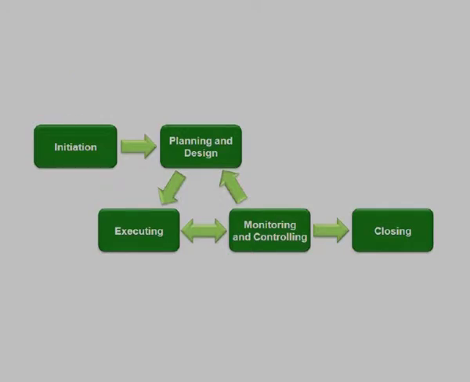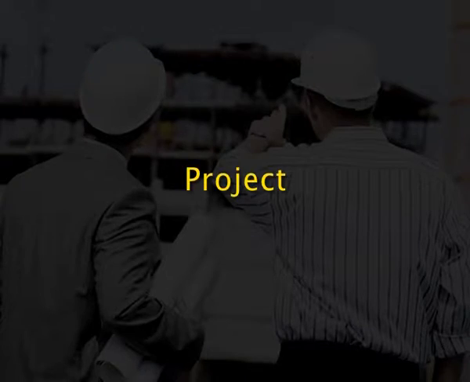Generally, the process is divided into 5 components. What are the 5 components? First, the initiation, the planning, executing, monitoring and controlling, and the final closing. These 5 components make up the framework of a process, and the final P is project.